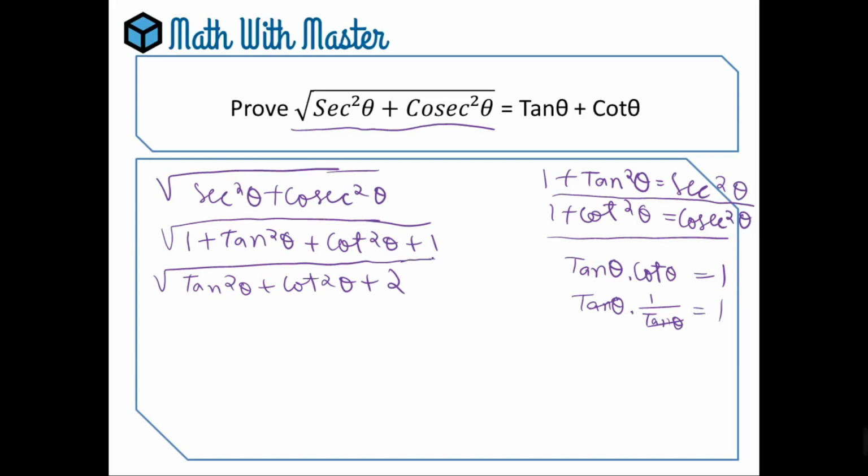So we can multiply tan theta into cot theta; we are just multiplying it with 1, and anything multiplied with 1 is the same number.